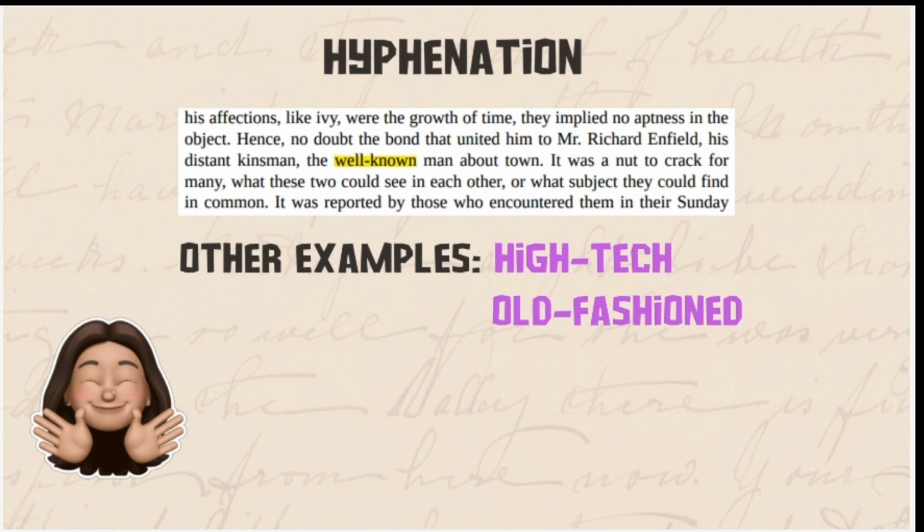Well means widely or commonly known, and known means recognized or familiar to people. As other examples, we have high-tech, which refers to advanced technology, and old-fashioned, which refers to something that is out of date or no longer in style.